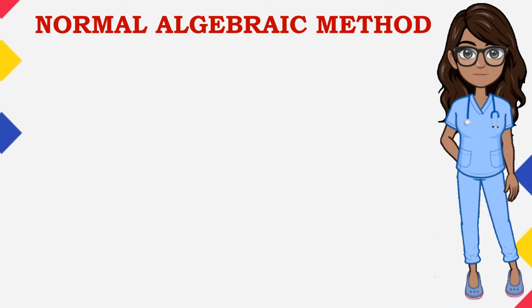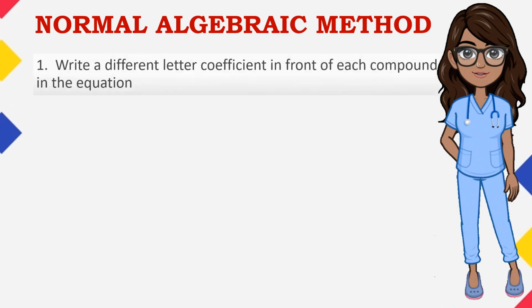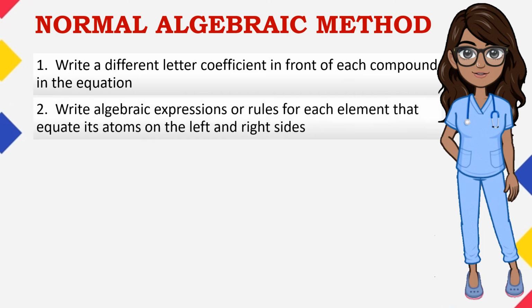So let's look at the normal algebraic method first. The strategy for balancing chemical equations algebraically is as follows. Number 1: write a different letter coefficient in front of each compound in the equation. Step 2: write algebraic expressions or rules for each element that equate its atoms on the left and right sides.